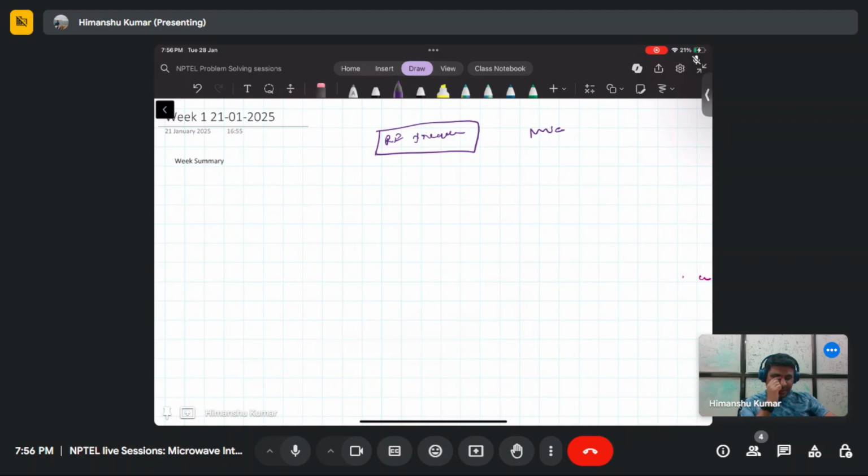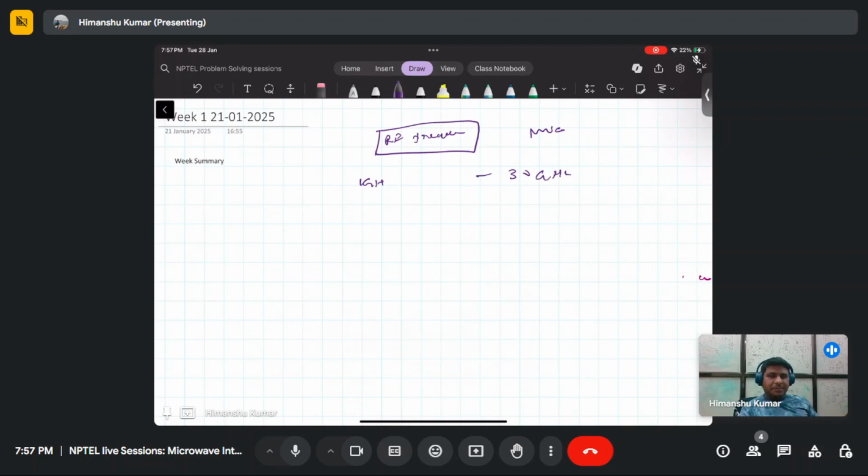So let me clarify. Those are RF frequencies. The microwave frequency range is from 1 gigahertz to 30 gigahertz. So why is this subject important?